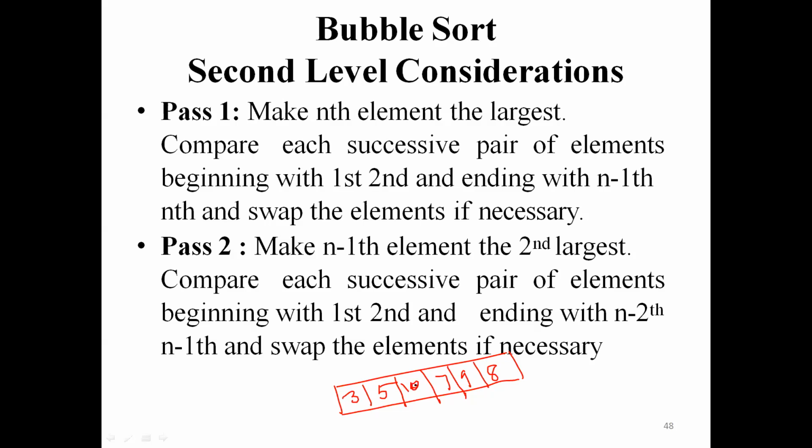Here the biggest element is 10. What you will do is try to bring this largest element towards the right when you are sorting in ascending order. Bring the largest element towards the right end of the array, then 9, and you will bring it to the right end.